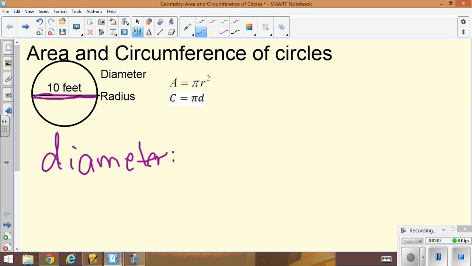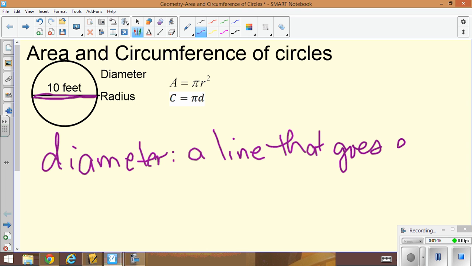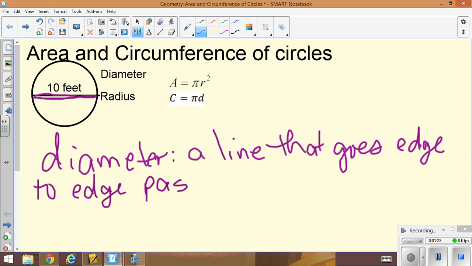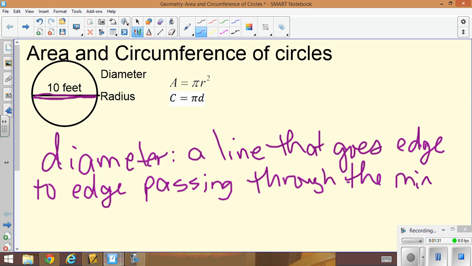And the diameter is a line, and please write this down, that goes edge to edge, passing through the midpoint.